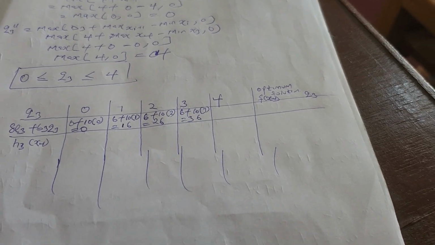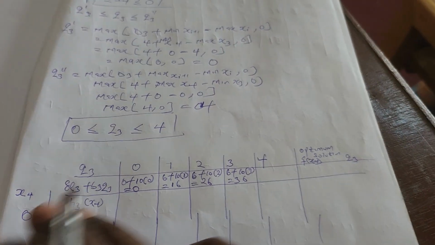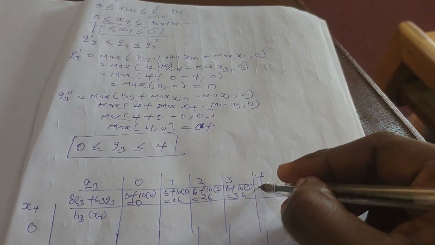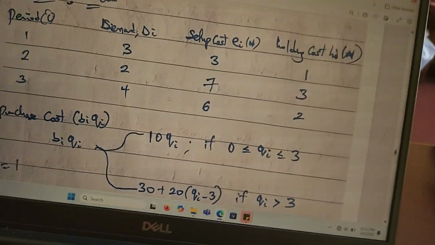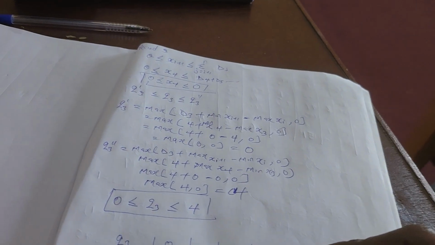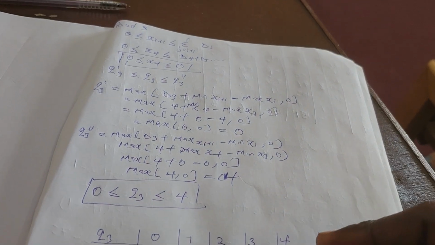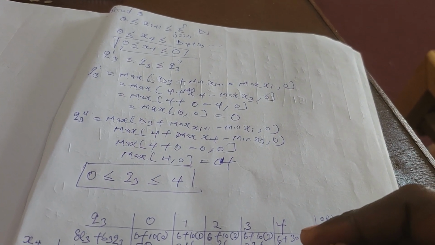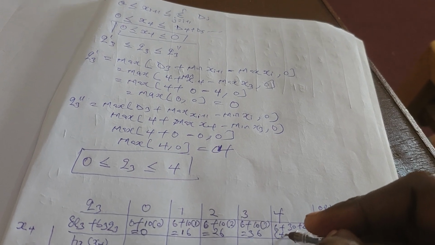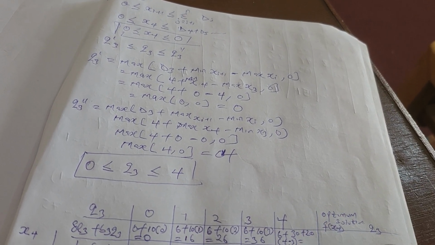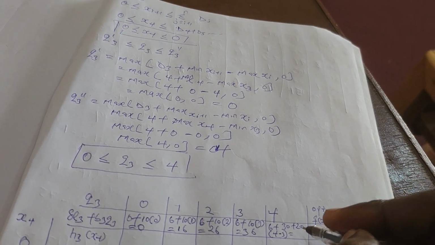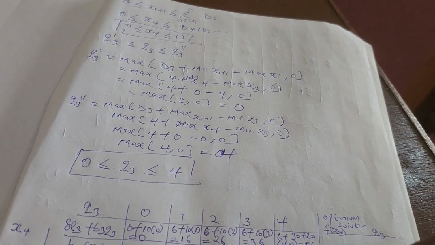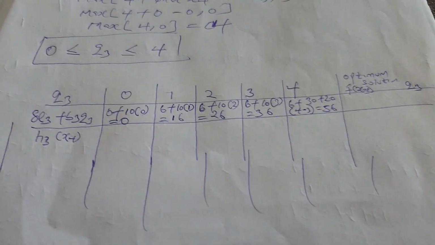To the next one now, since our Q is greater than 3, from the expression we've been given, that will be 6 plus 30 plus 20 times (4 minus 3), which is 1 multiplied by 20, 20. 20 plus 30 is 50, 50 plus 6 is 56. So that's all for our purchase and setup cost.